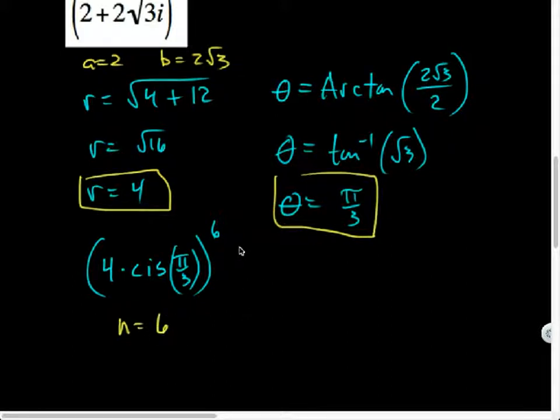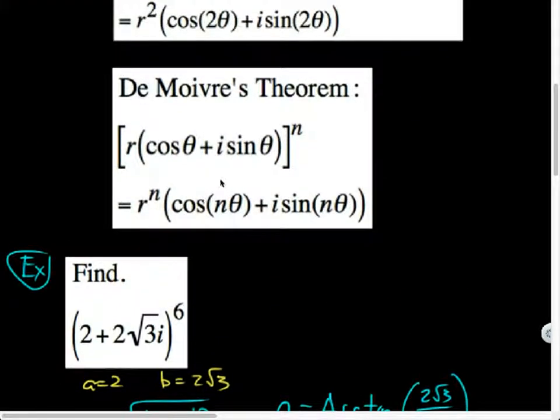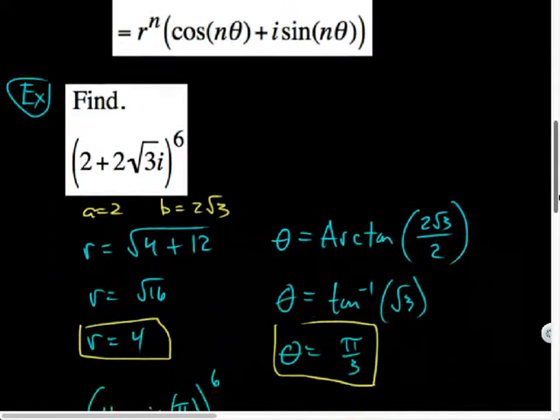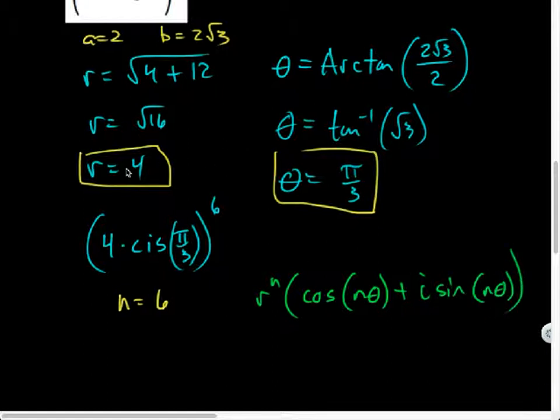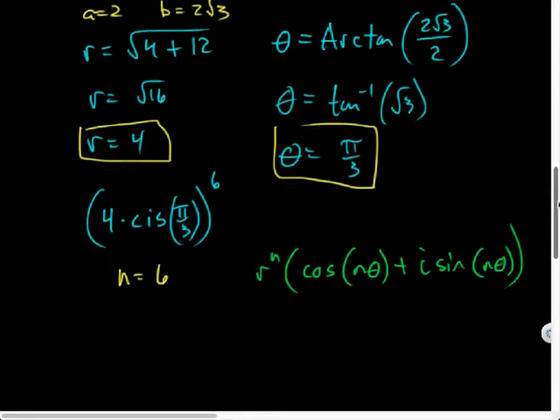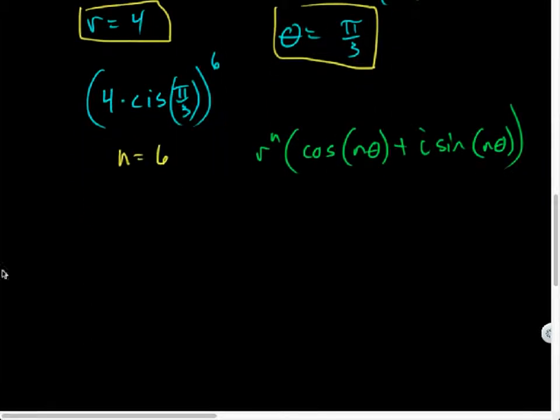N is equal to 6. And what am I going to do? I'm just going to plug it into this thing right here. Recognize this? So I've got r to the n times the cosine of n theta plus i times sine n theta. Right? So that's what I'm going to just plug the r, theta, and n in for, and it will tell me the power. So I'll have r is 4 to the 6th times the cosine of n theta.